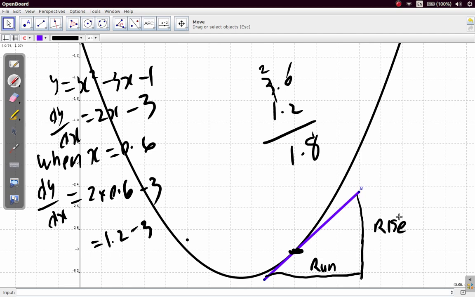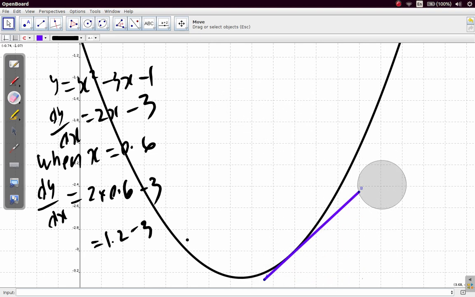However, you can use differentiation to get the exact value of the gradient. So let's erase these. We want the gradient of this curve when x is equal to 2.